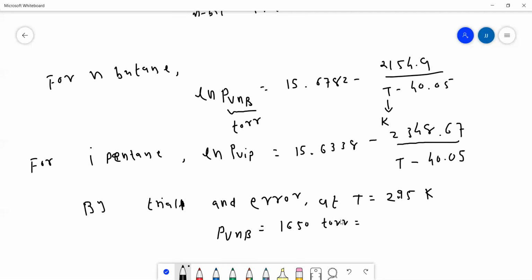You convert torr into atmosphere, and it is 2.17 atmosphere. Then the vapor pressure of isopentane you will get at 615 torr, which is equal to 0.8 atmosphere.